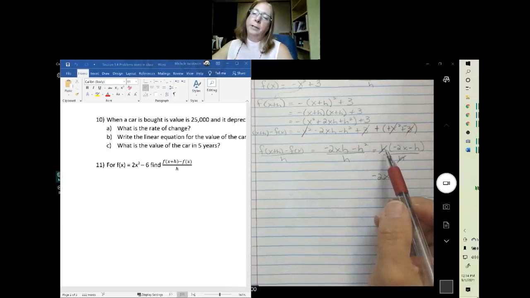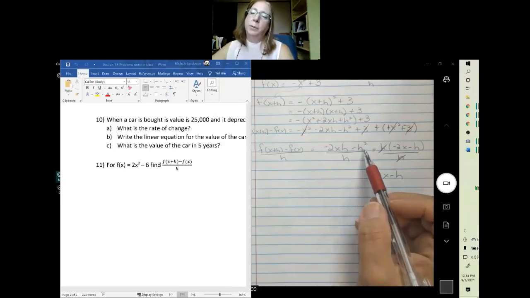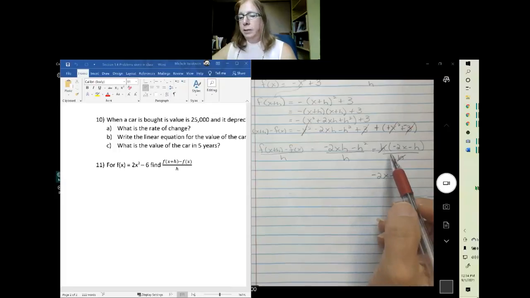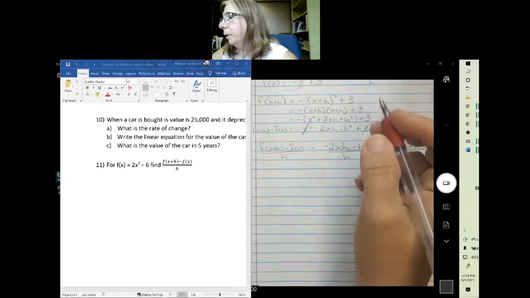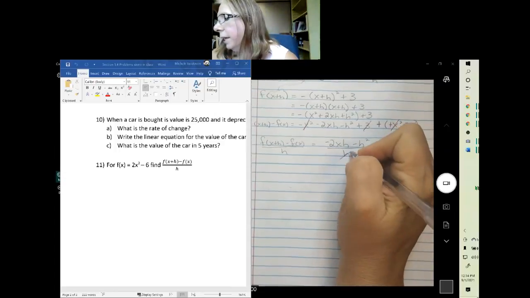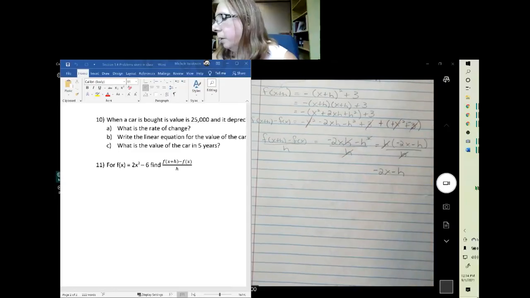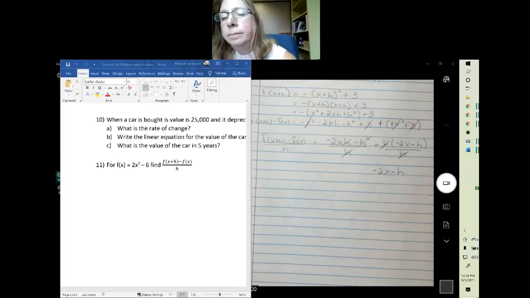So if we factor an h out of the top, that leaves negative 2x. Pulling 1 from here leaves a minus h. The h's cancel and leave this. If you did it the other way, three terms, all of them have an h. We get rid of one h from each of them, and we're left with a negative 2x minus h. Any questions on that?